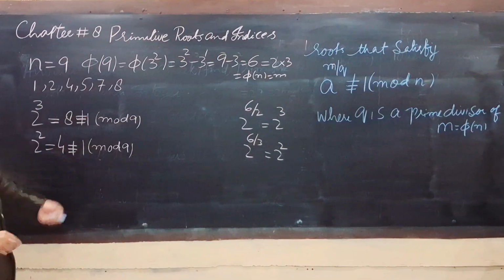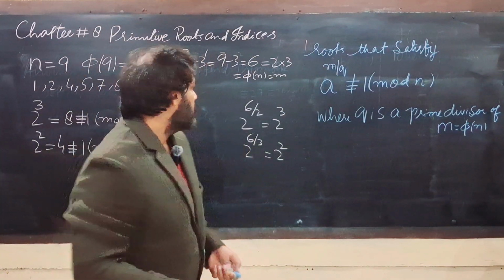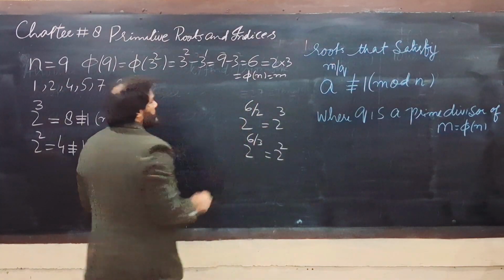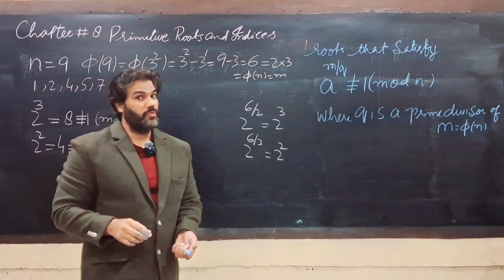Because both powers of 2, which come from the prime factorization of 6, that is phi of n, are not congruent to 1, this shows that 2 is a primitive root of 9.